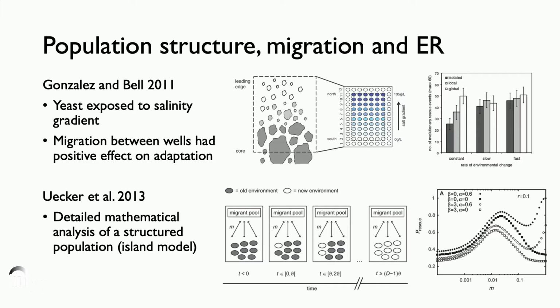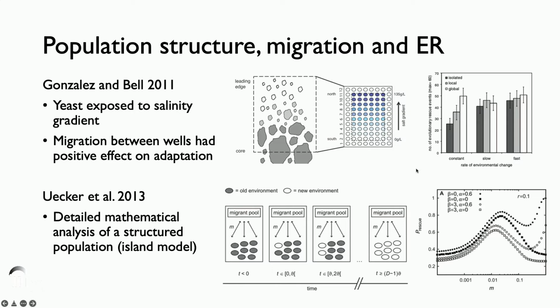And population structure, migration or gene flow, and evolutionary rescue has also been studied experimentally, more from a first principle point of view. So about 10 years ago, Graham Bell and Andy Gonzalez made a very interesting metapopulation study where they had wells filled with yeast, and this yeast population that was highly structured was exposed to a salinity gradient that would essentially kill these yeast populations.